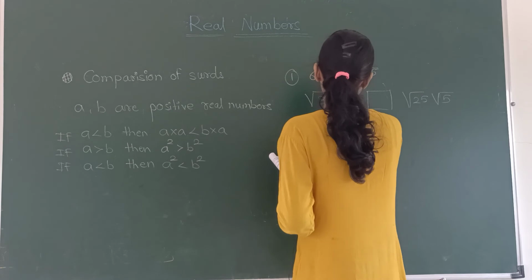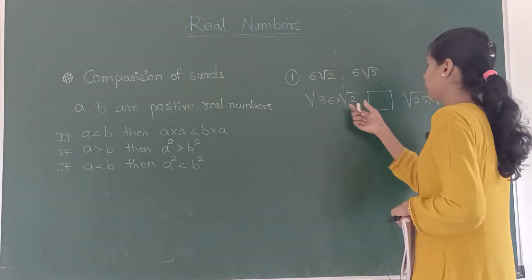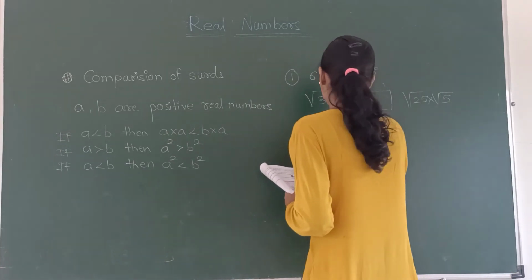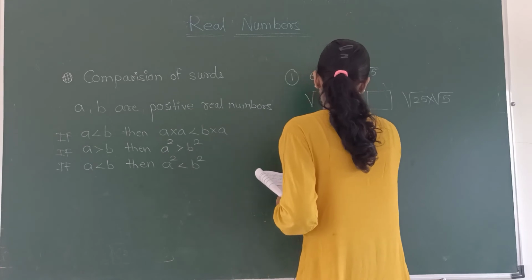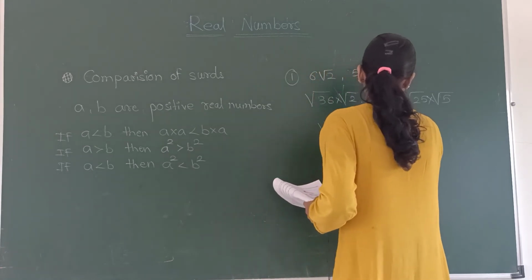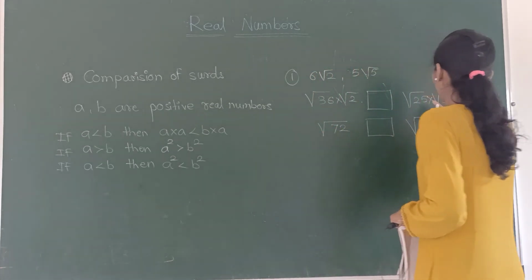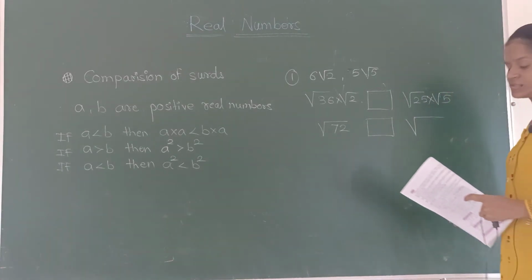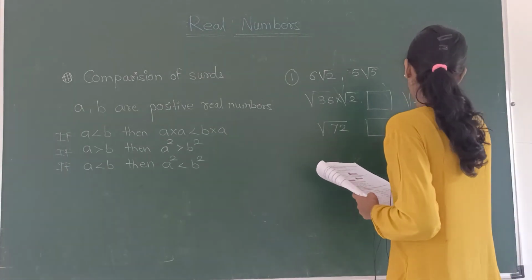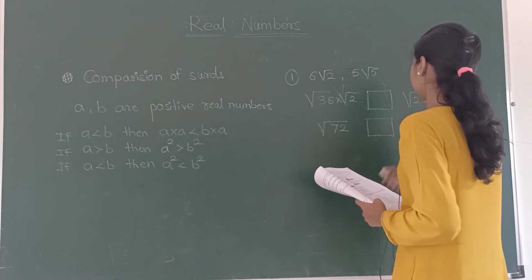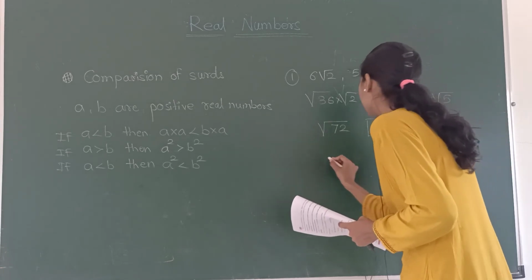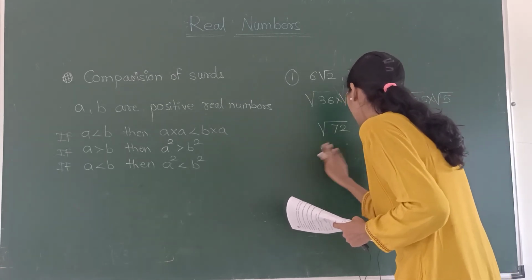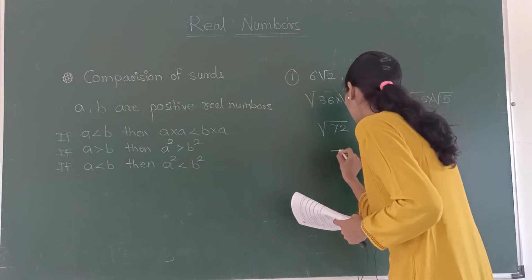See, 36 into under root of 2 is under root of 72, correct? 25 into 5 is 125. Now we also can't decide between under root of 72 and under root of 125.